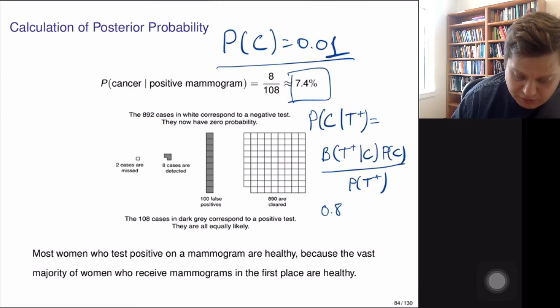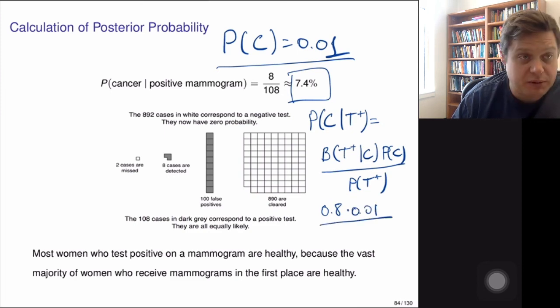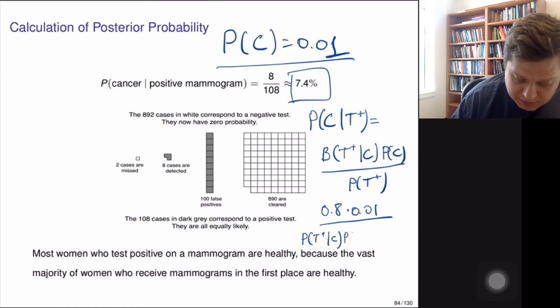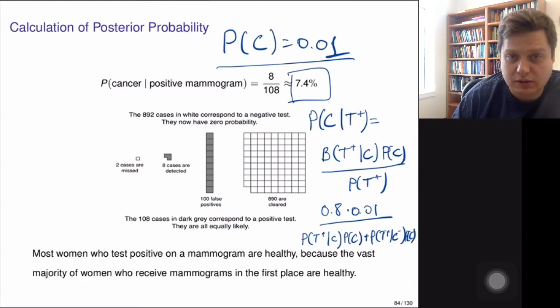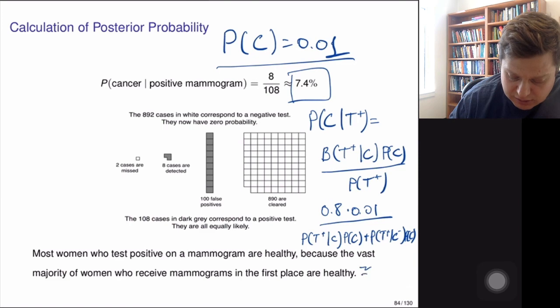And the probability of having cancer to begin with is 0.01. And then the total fraction of people who tested positive is the probability of testing positive given that you do have cancer times the probability of having cancer, plus the probability of testing positive given you do not have cancer times the probability that you do not have cancer. So if you work out those calculations, you will get exactly this number, 7.4%.